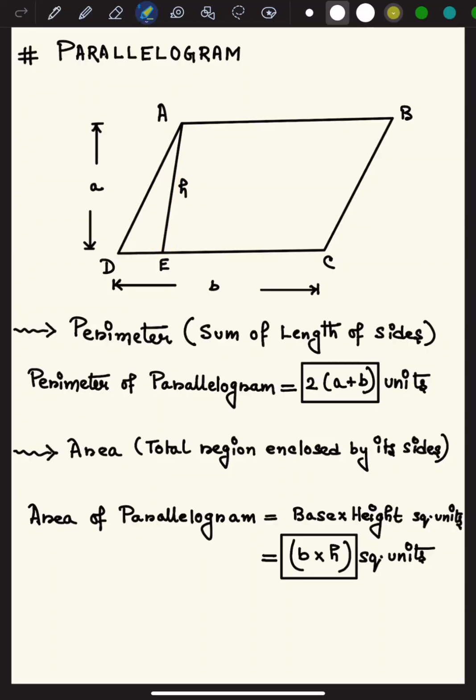So perimeter of a parallelogram will be what? Sum of length of the sides. So AB plus BC plus CD plus AD.